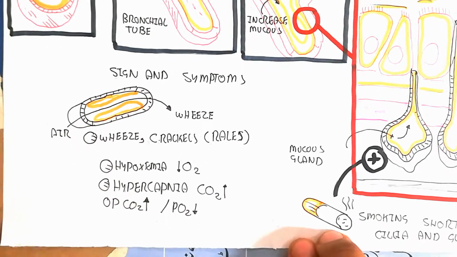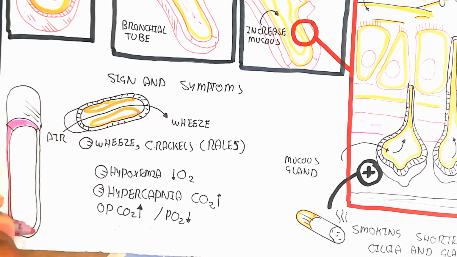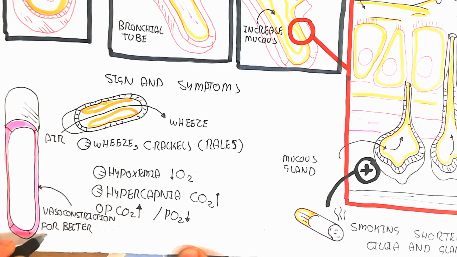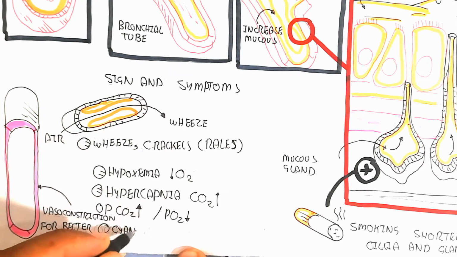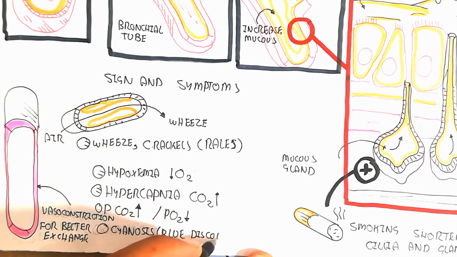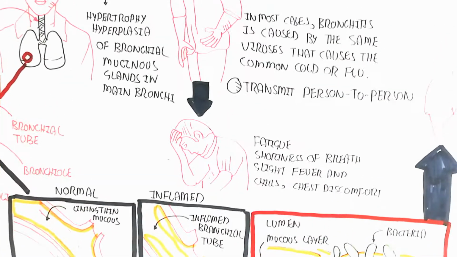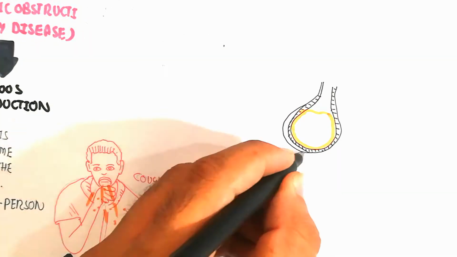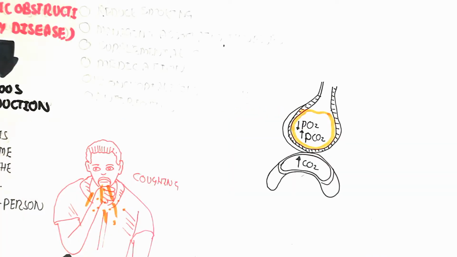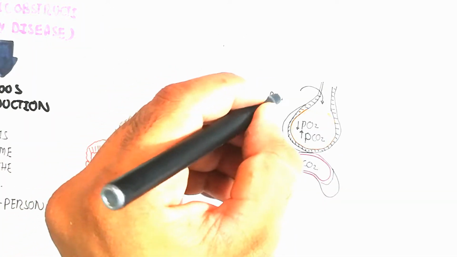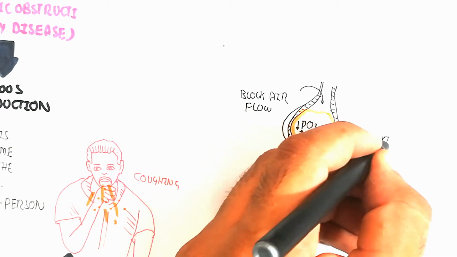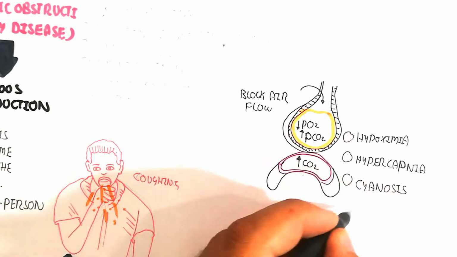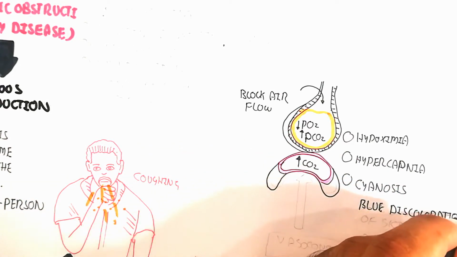Hypoxemia, a decrease of oxygen, and hypercapnia, an increase of carbon dioxide, occur: the partial pressure of carbon dioxide increases and the partial pressure of oxygen decreases, leading to vasoconstriction for better exchange of air. But cyanosis, a blue discoloration, will occur, and the sympathetic nervous system activity leads to fever, and increased cortisol leads to many complications.